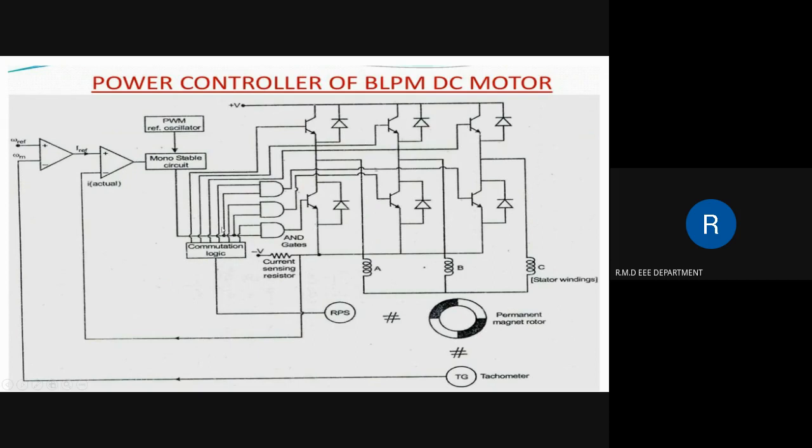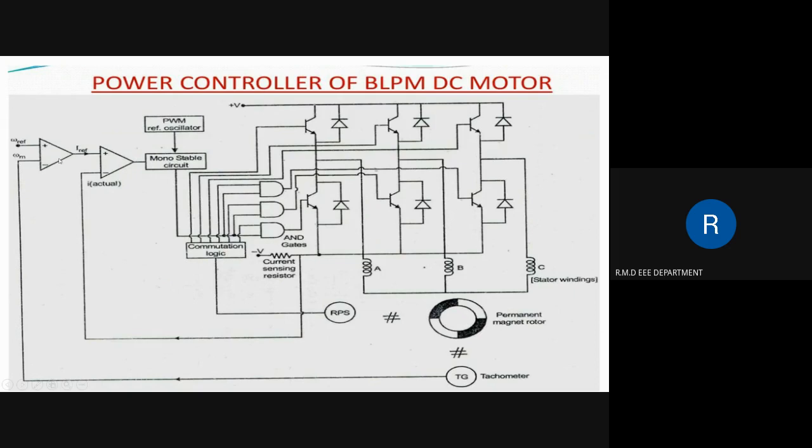The other 3 output signals are logically ANDed with the high frequency PWMs, which are the output of the monostable circuit. The resultant signals are used to drive the base of the lower leg devices.